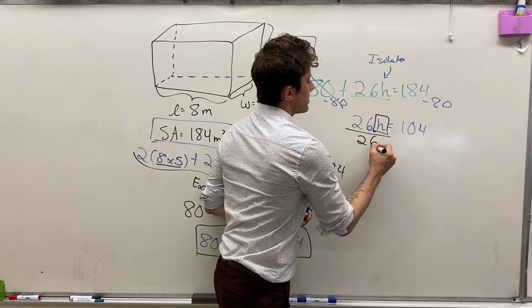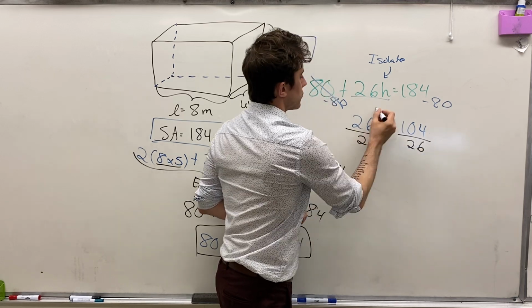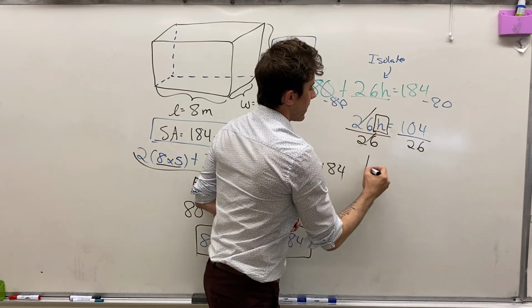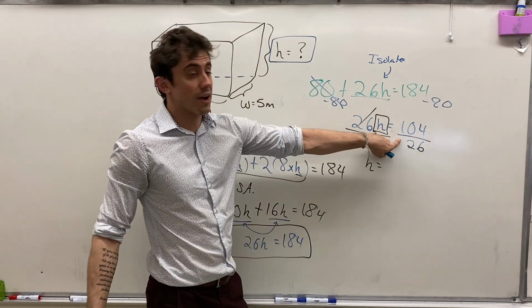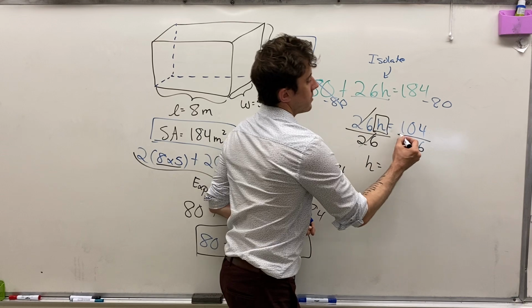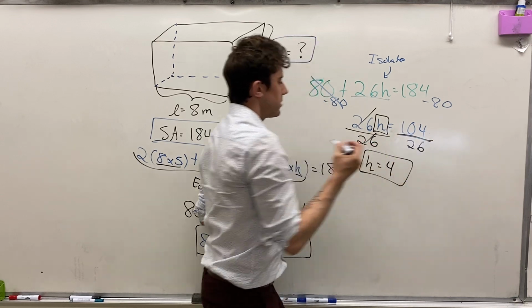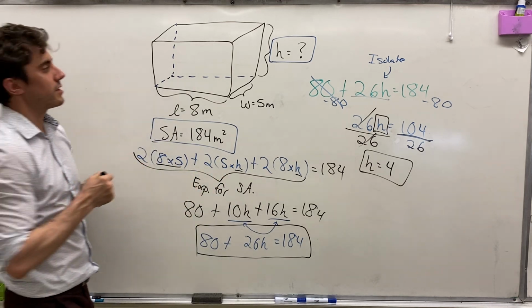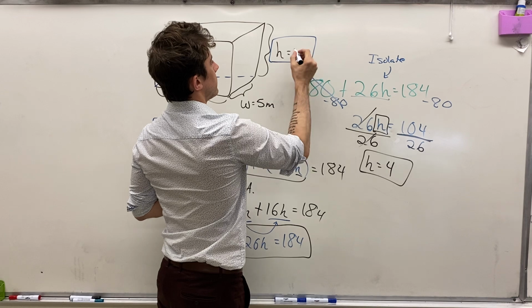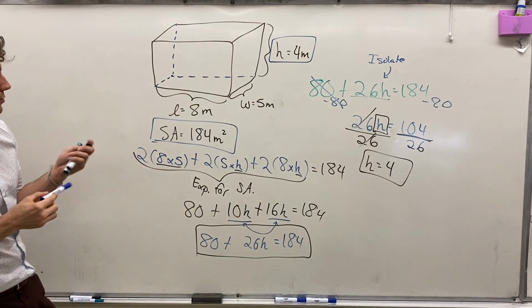So we'll divide by 26, always doing the same thing on both sides of the equal sign. And the 26s cancel out. And so we get that h is equal to 104 divided by 26, because a fraction is always a division. So 104 divided by 26, giving us a solution. h is equal to 4. And there we have it. Okay? So our height is 4 meters.